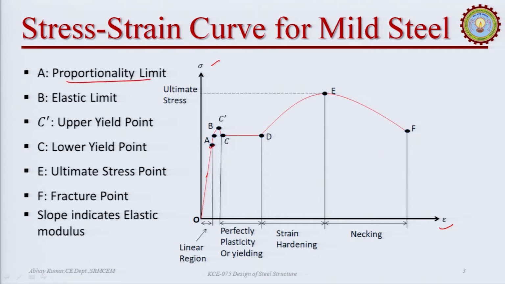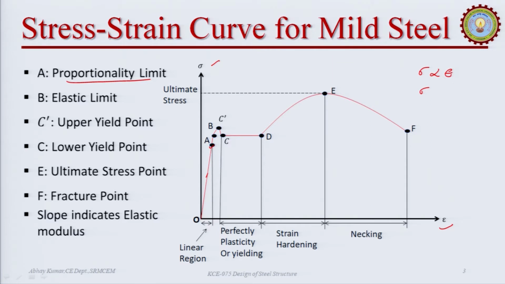What does it mean? It means that up to point A, the material will follow a proportional rule, that is, the stress will vary proportionally, or linearly, with the value of strain. For example, stress will be proportional to strain.